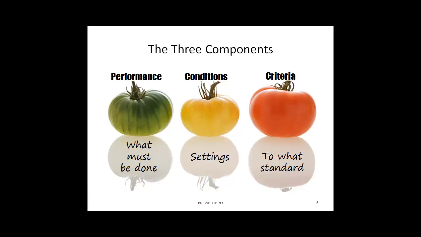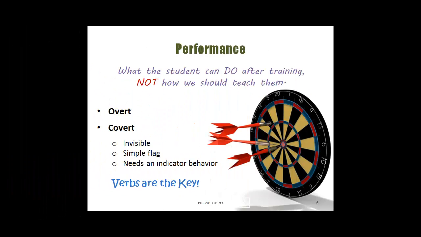The conditions, on the other hand, deal with the settings in which these performances must be accomplished. And finally, the criteria is looking at what standard has to be applied to see whether or not the student achieved a learning outcome. So let's look at each of these three components, one after the other, to build up a better view of what a learning outcome actually is.